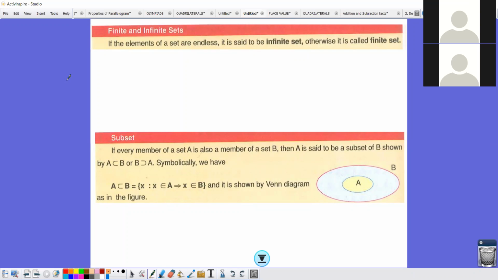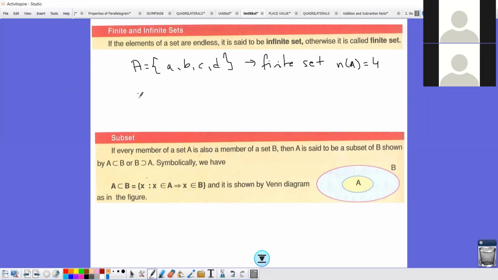If we have an exact number of elements, we call it finite. For example, A is the set A, B, C, D. This is a finite set, yes? We know how many elements we have: 1, 2, 3, 4.